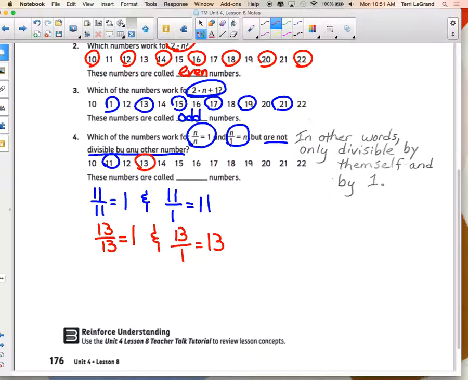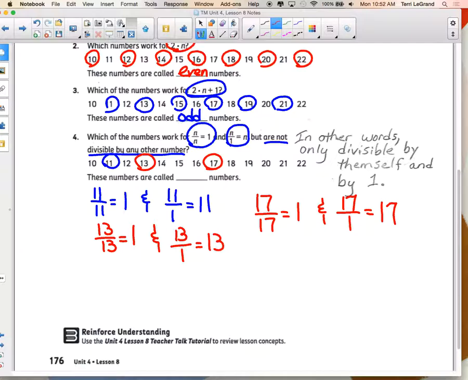Okay, another one. Cheyenne? 17. She thinks 17 qualifies. Let's try. 17 divided by itself, is that 1? Okay, and is 17 divided by 1 itself? Anything else going into 17? 3? 7 maybe?